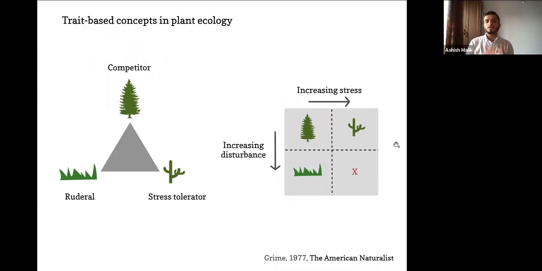So a similar trait-based framework would be ideal for microbial ecologists as well, to study how microbial species structure across environmental gradients.